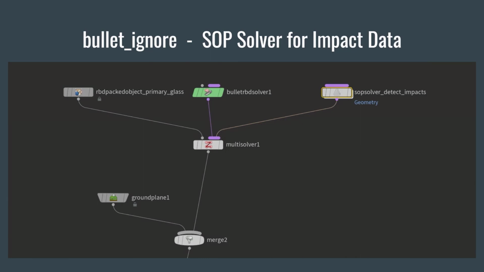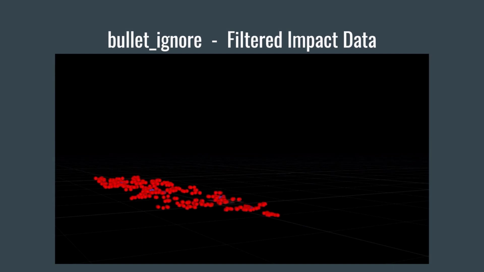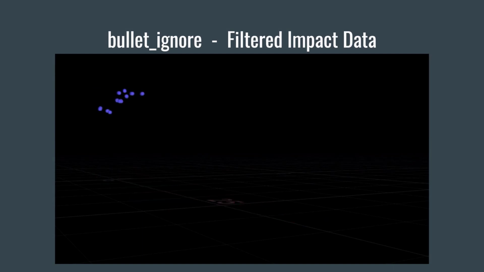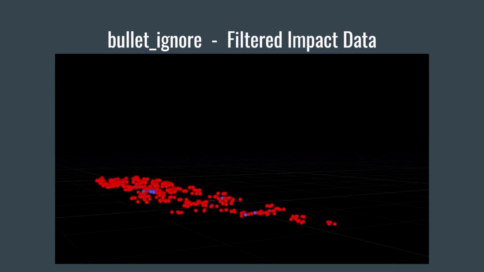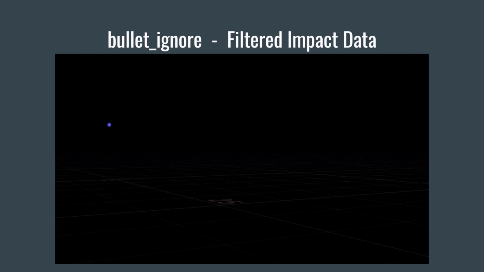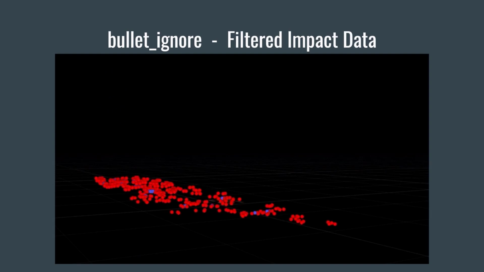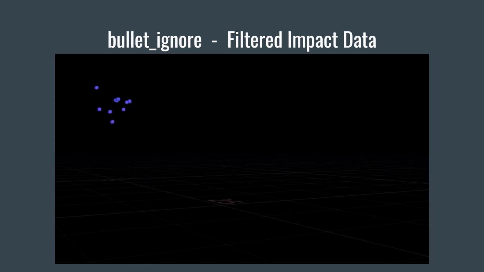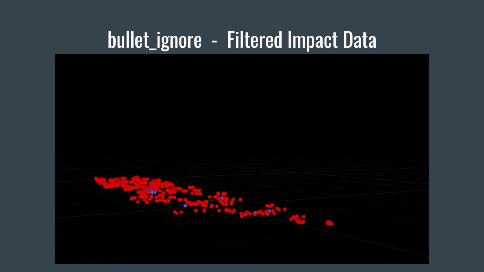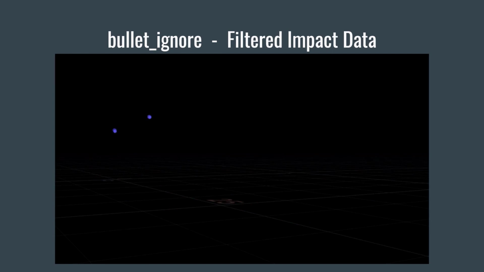I was finding that if you wire in the SOP solver before the bullet solver, the effect wouldn't work. Now, within that SOP solver, we have access to the impact data. The impact data doesn't come in colored like this.